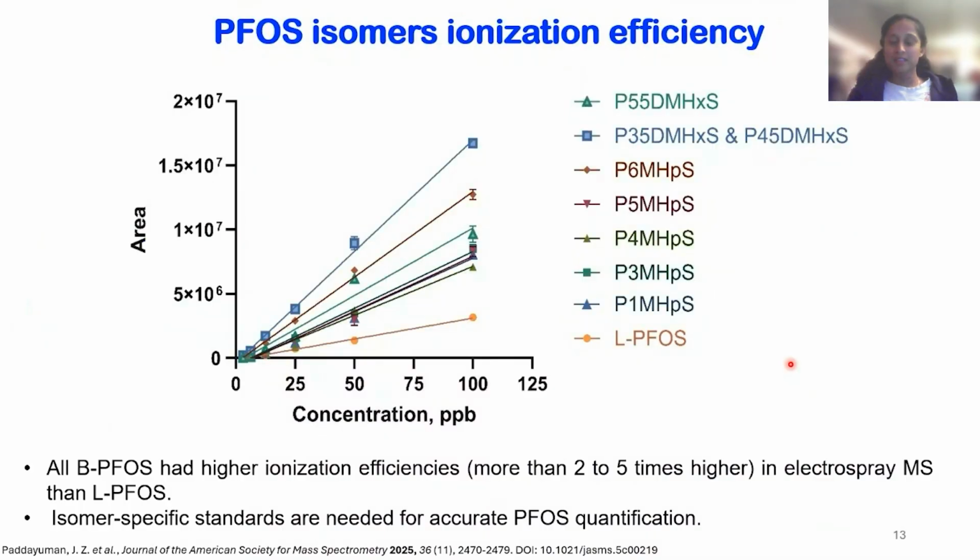So with that, the other thing we wanted to see is, are we quantifying these PFAS correctly? Because in EPA 1663A, they say to report the total PFOS or total PFOA. But are we then correctly quantifying?